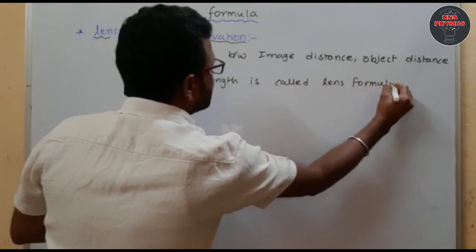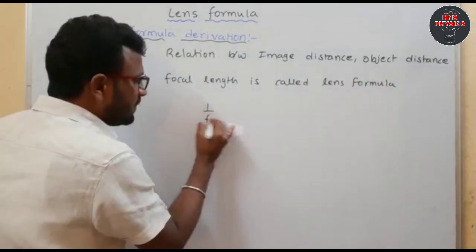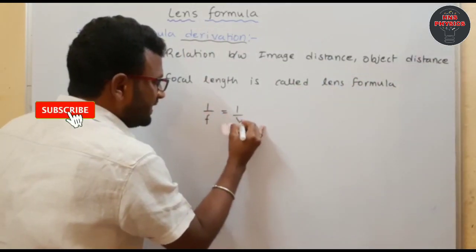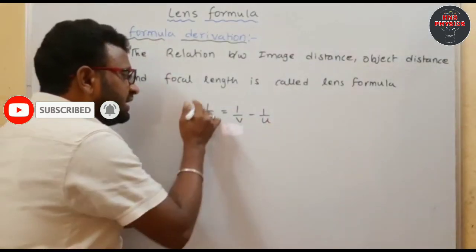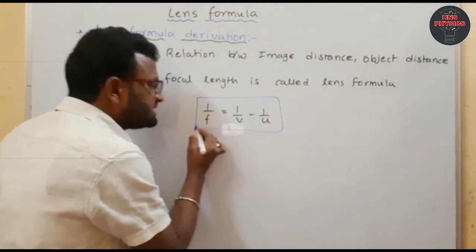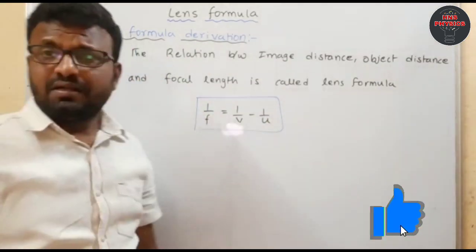So what is that relation here? 1 by f equal to 1 by v minus 1 by u. This is the relation between the image distance, object distance and focal length of the lens.